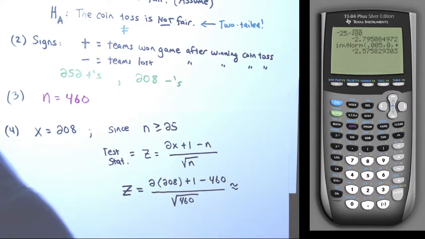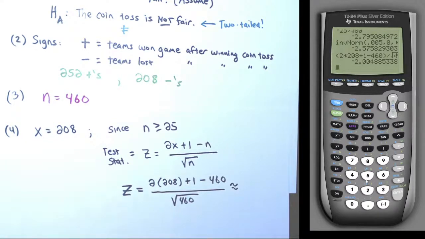All right, so in parentheses, 2 times 208 plus 1, minus 460. All that in parentheses in the numerator, divided by the square root of 460 in the denominator. This is approximately negative 2 point, I'll just go 0, 0 if I'm going to 2 decimal places. So about negative 2. All right, about 2 standard deviations away from the center, right, to the left.